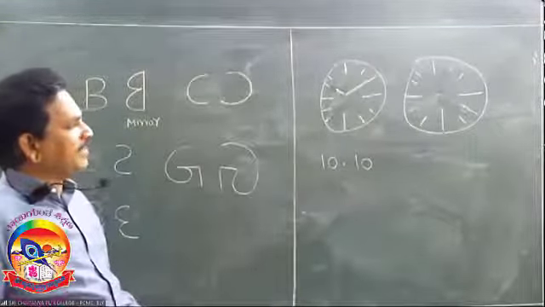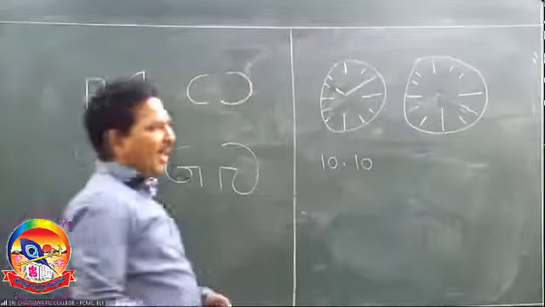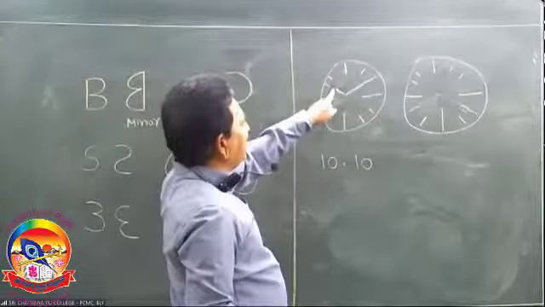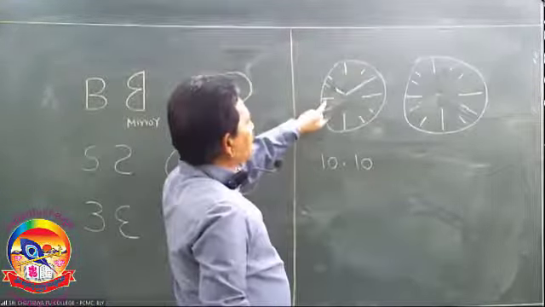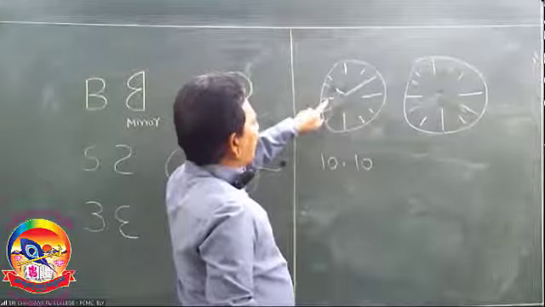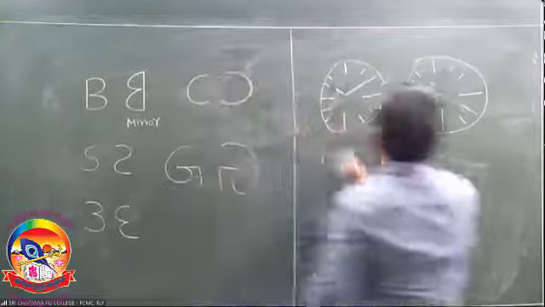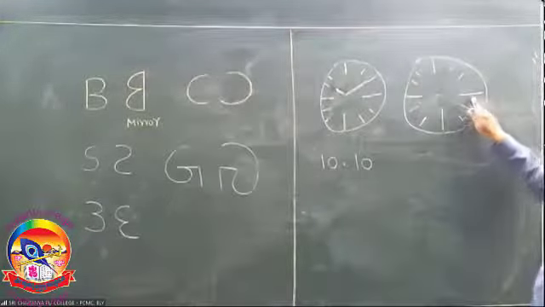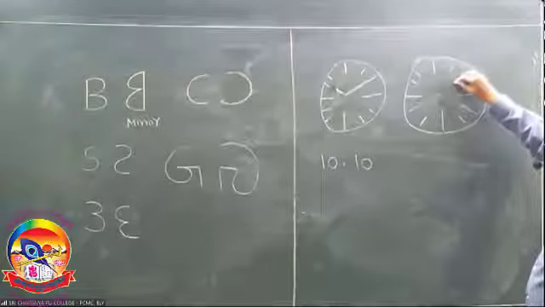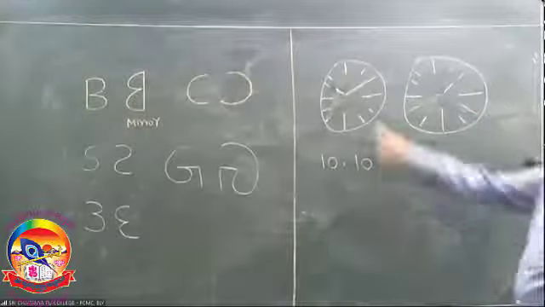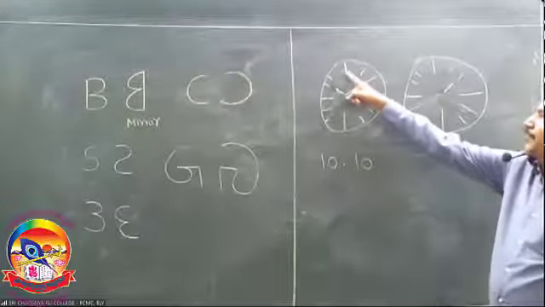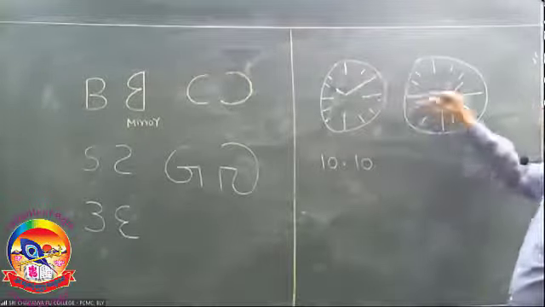So lateral inversion takes place. Here 10, opposite to left. 10 will come after what? 3. That is 9. Once again, see here, 3. It will be reversed. So the minutes hand will come here, before 2.